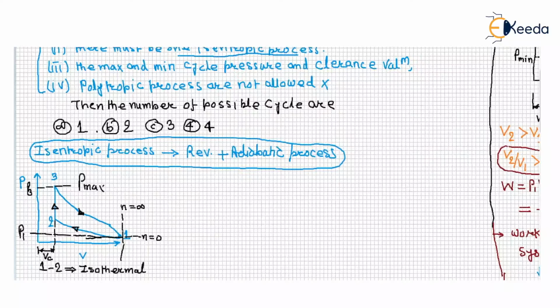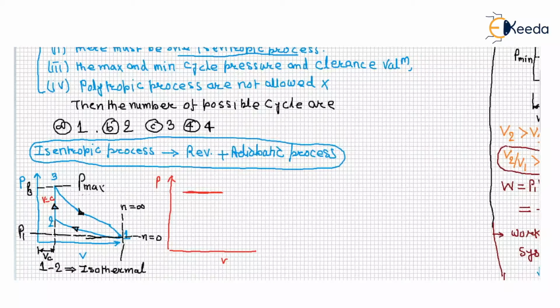Okay. So one possible cycle is this one. Now the other is that if you draw a PV plane like that, P and V, all is the reversible cycle, and you construct like that. This is your volume constant. This is your process, one process.